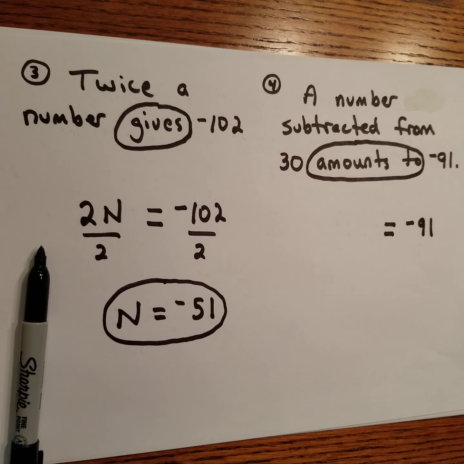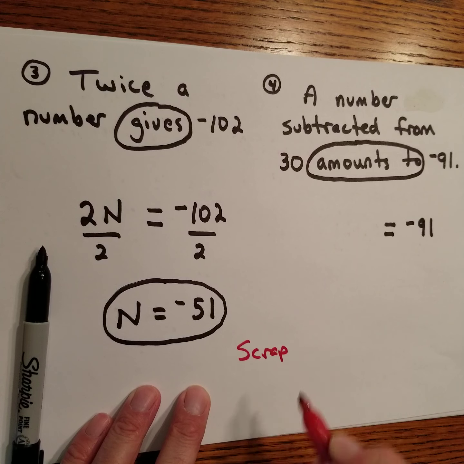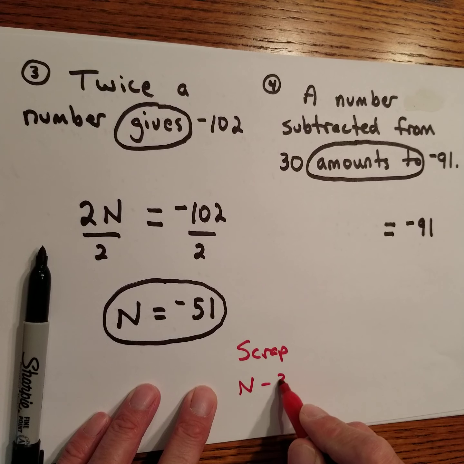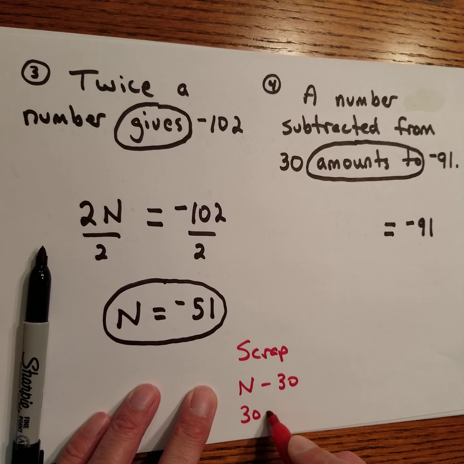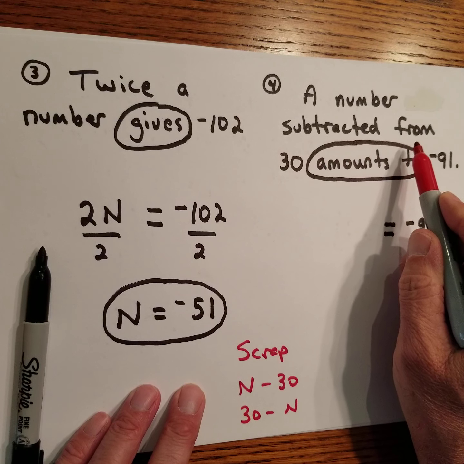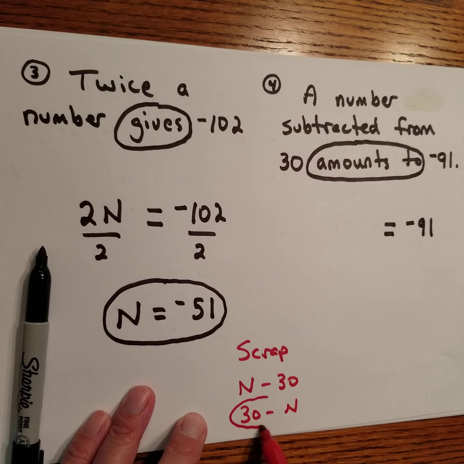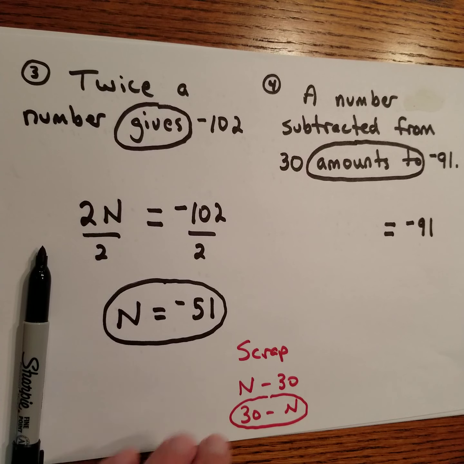Now subtraction can be tricky. Let me come down here to scrap paper. A number subtracted from 30, should that be n minus 30 or should that be 30 minus n? I think I've got to write it this way. This problem says that I have 30 and then I have a number subtracted from that. The word "from" implies that the 30 goes first.